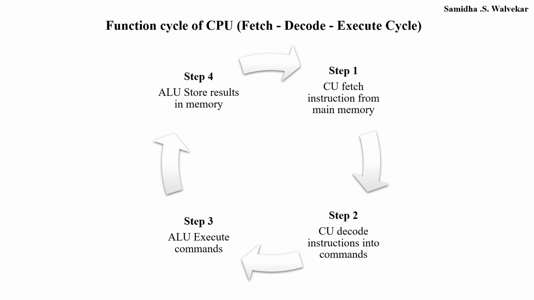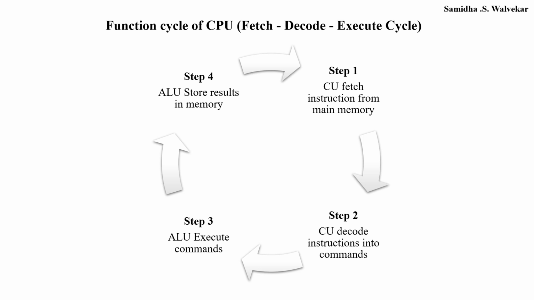Next important point in terms of the CPU is the function cycle, that is the fetch, decode, and execute cycle. In the first step, the CPU fetches the instructions from the main memory, that is RAM, random access memory. In the next step, once the instructions are fetched, it decodes those instructions to understand what task needs to be done.